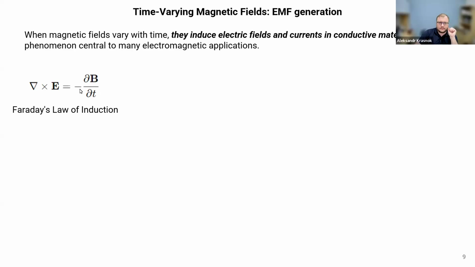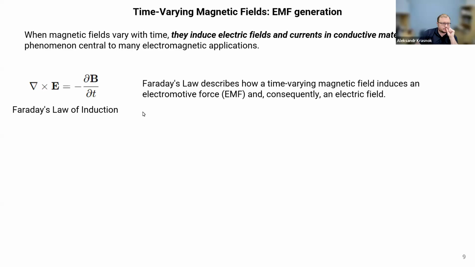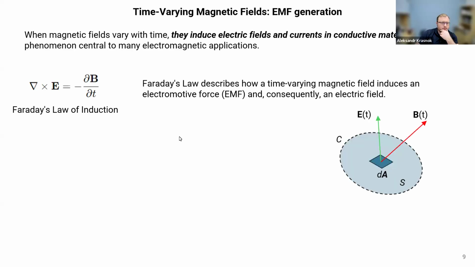Notice this minus sign, right? It just denotes the direction of the curl of the electric field in response to the change of magnetic field. So Faraday's law describes how a time varying magnetic field induces an electromotive force.